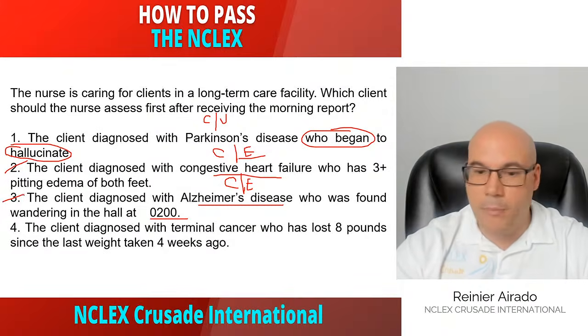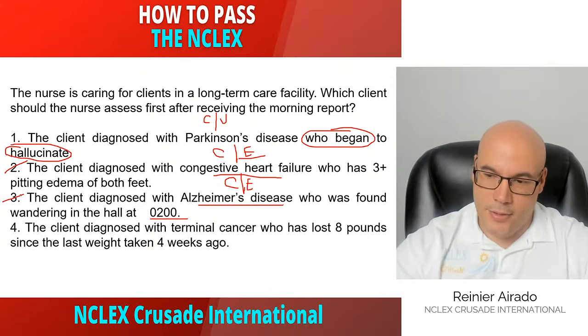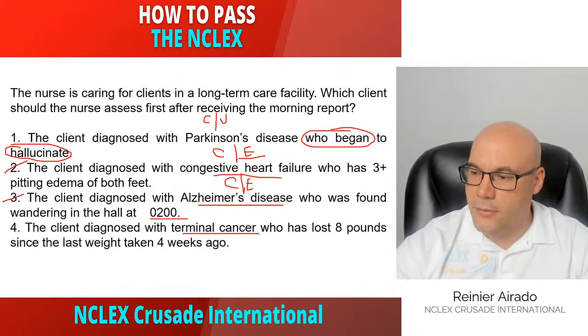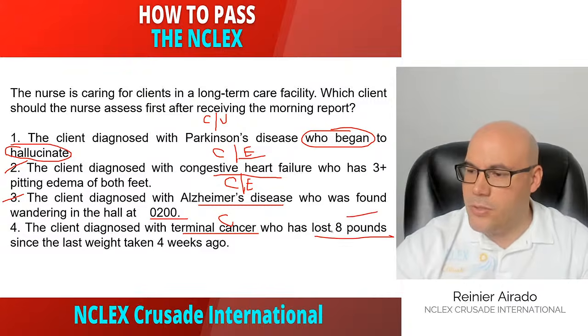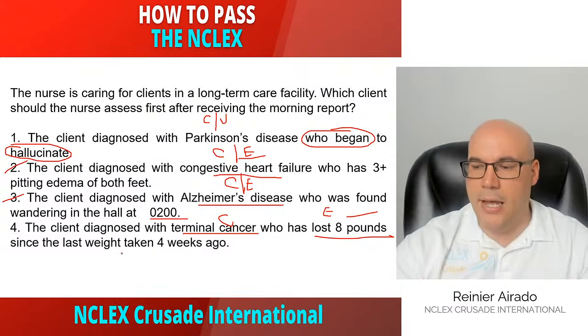And now I have to compare answer 1 and 4. Number 4 says, the client diagnosed with terminal cancer. We have another chronic condition here, lost 8 pounds. That is expected in terminal cancer. And the weight loss has been since the weight was taken 4 weeks ago.